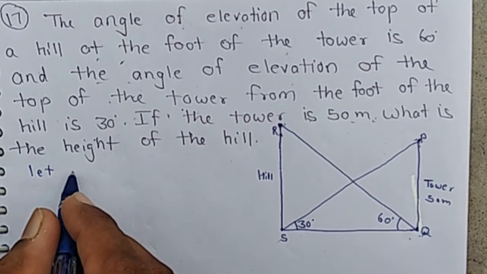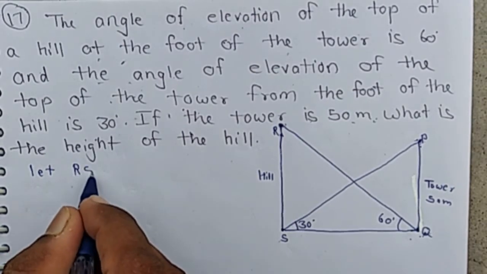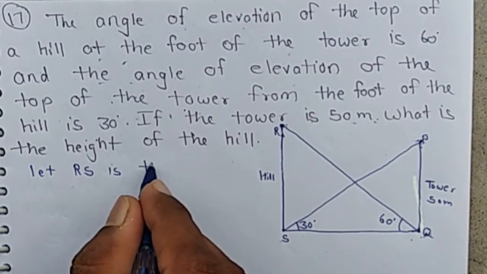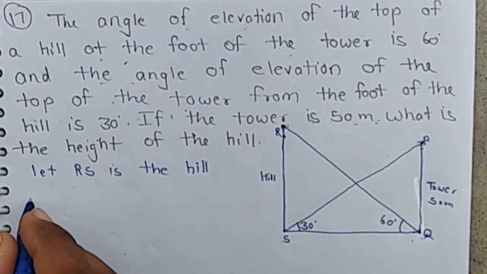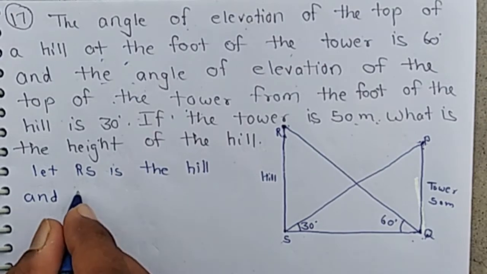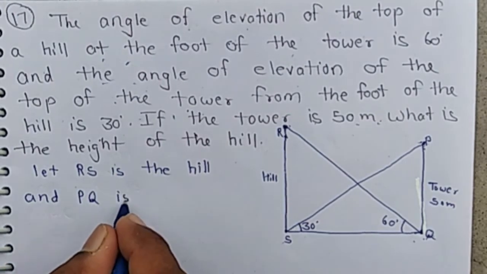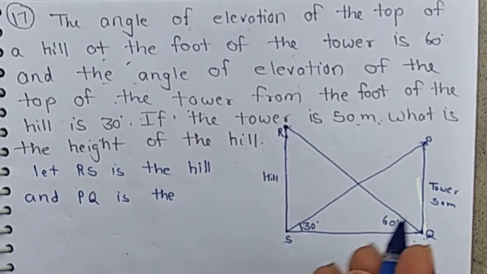Firstly we let RS is the hill and PQ is the tower.